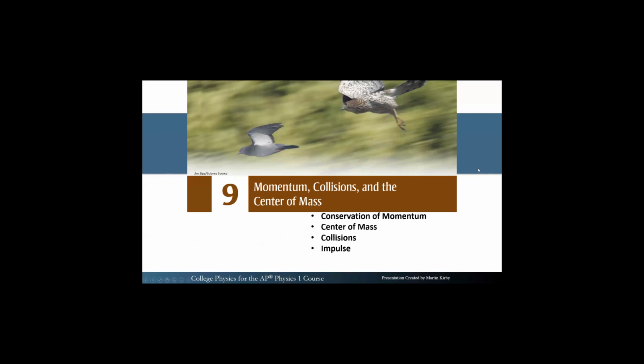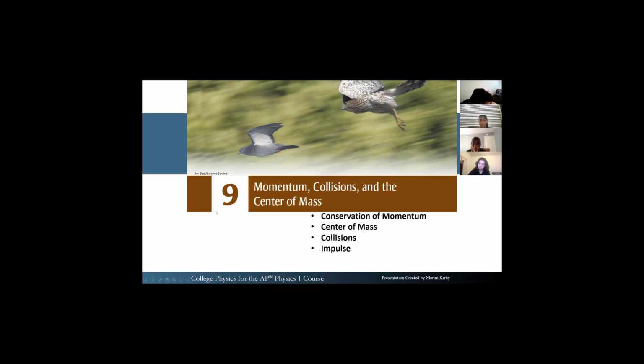If you're following along in your textbook, you can include chapter 9 in your reading. Chapter 9 covers conservation of momentum, which will be a big part of today's lesson.